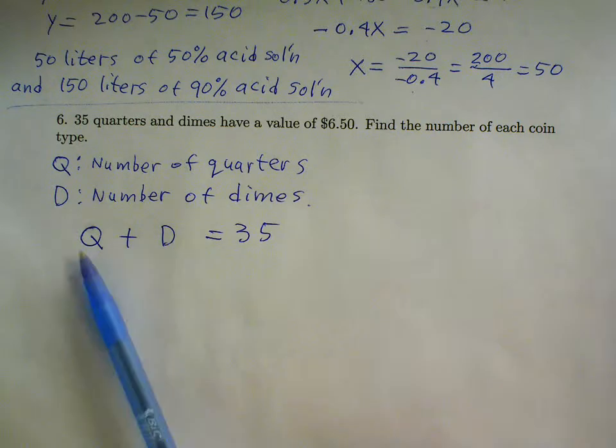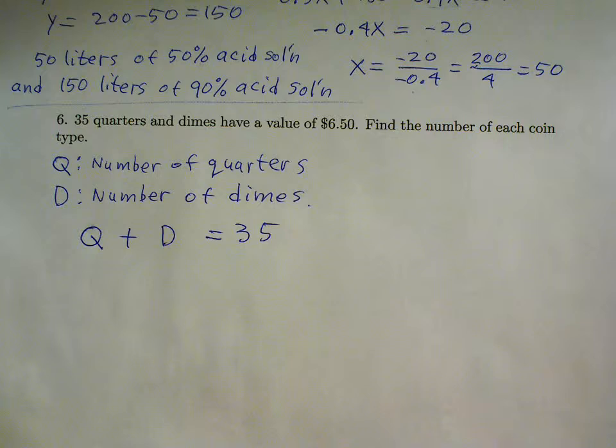Well, if I have 5 quarters, what's the value of 5 quarters? $1.25. One way to think of that is multiplying 5 times 0.25. The number of quarters times 0.25 gives you the monetary value.